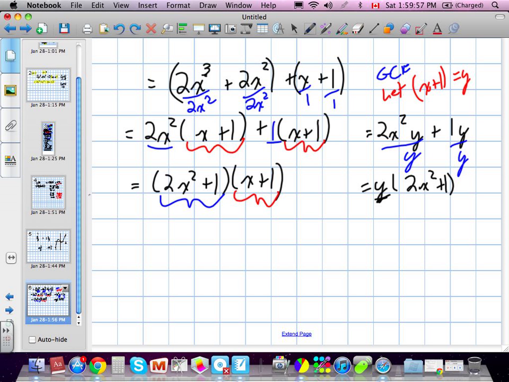But our actual value of y is this. So I replace it with x plus 1 times 2x squared plus 1. Does that idea make sense? It's just that normally we're used to seeing it as just one variable, but these brackets still mean one number. We just don't know what it is, so we're factoring the brackets out as a common factor. I should have written these in a different order. Think of them as like a common factor, and we've taken it to the front.